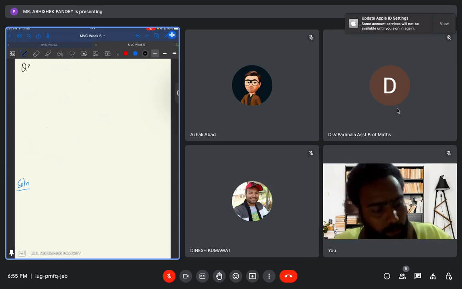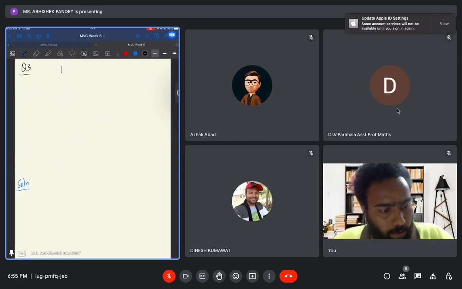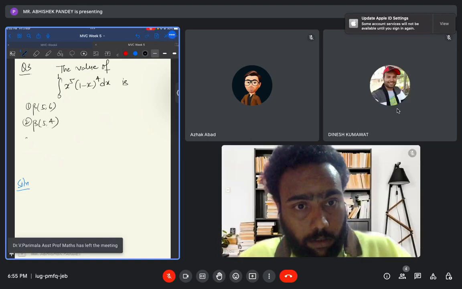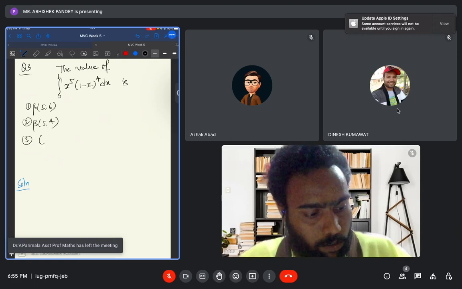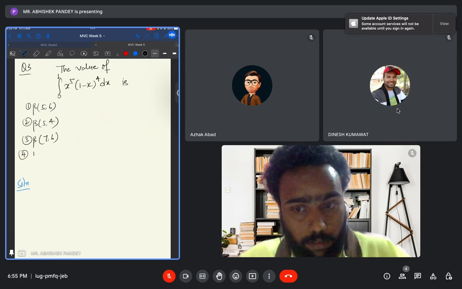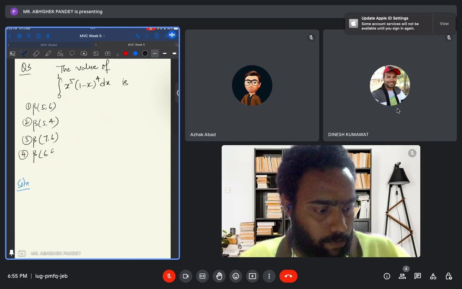So question number 3 is basically the value of the integral from 0 to 1 of x to the power 5 times (1 minus x) to the power 4 dx is: first one is beta 5 comma 6, second one is beta 5 comma 4, third one is beta 7 comma 6, fourth one is beta 6 comma 5.